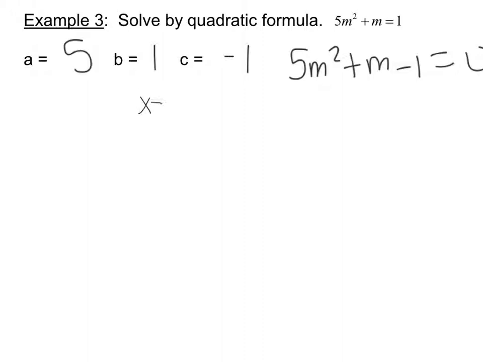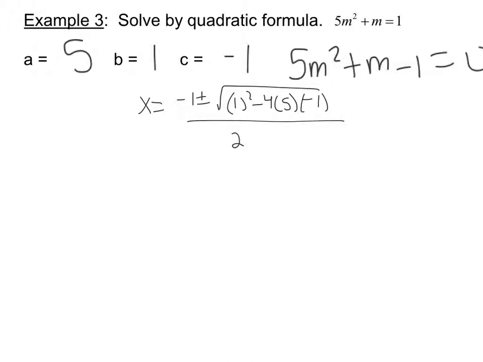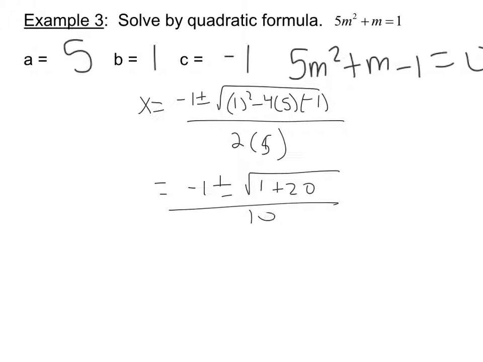So you have x equals negative 1 plus or minus the square root of 1 squared minus 4 times 5 times negative 1 all over 2 times 5. So you get negative 1 plus or minus square root of 1 plus 20 over 10.